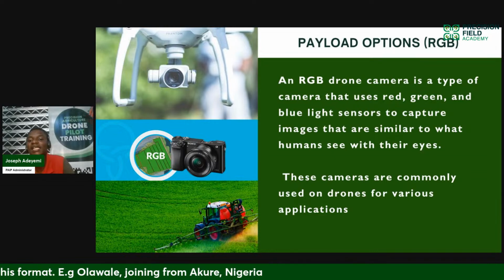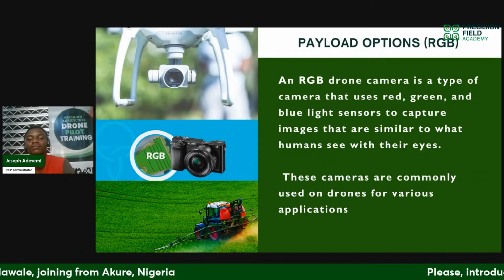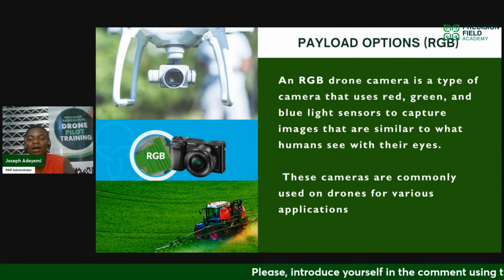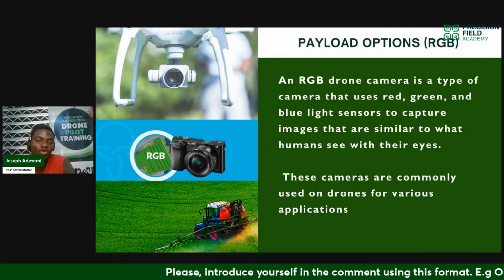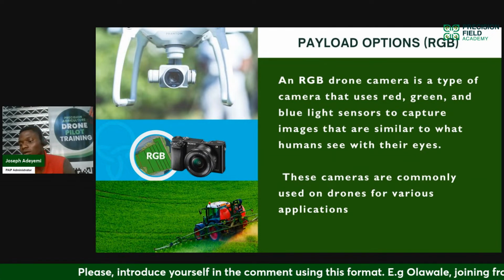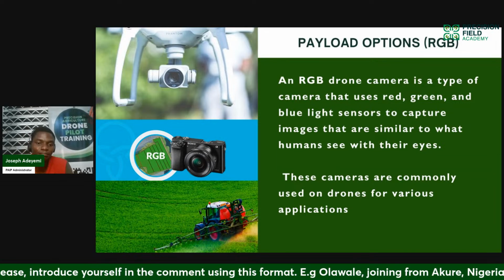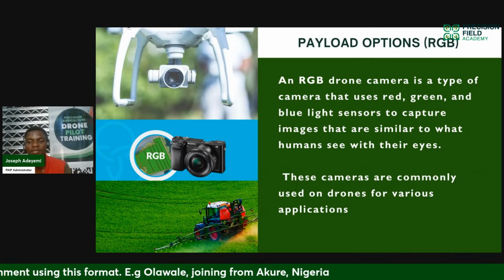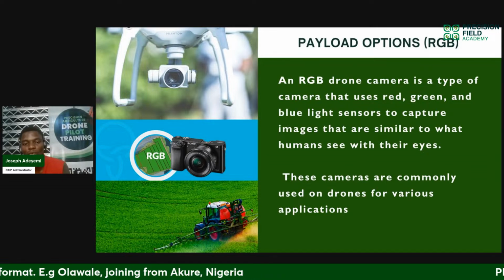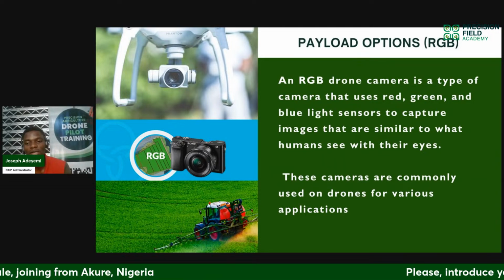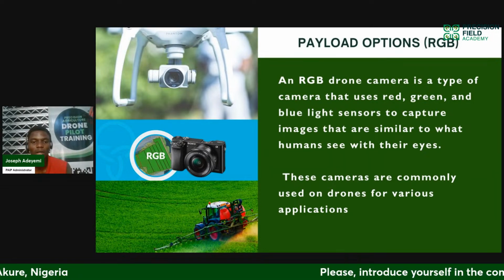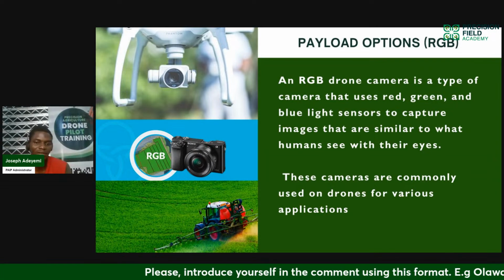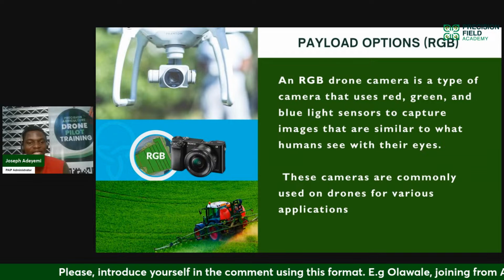So now let's look at the payload options we have. There are various drone payloads that are applicable in agriculture. Number one is RGB. RGB comes from the term red, green, and blue. I'm sure we've all heard about it.